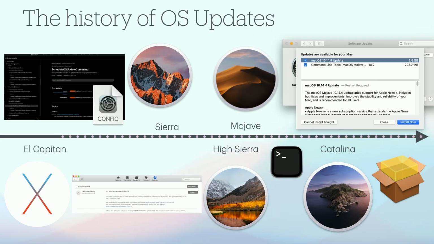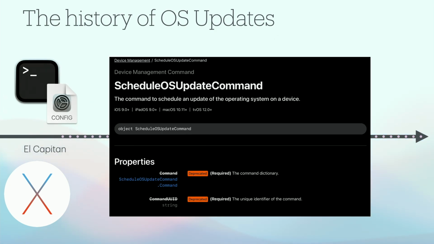You can still use the command line installer, and you can still use the combo update packages. But that MDM is kind of the first time that you were given a new, more modern way of doing that. Thing of note, that also covered iOS 9, iPadOS 9, which is the same thing at that point, and tvOS 12 and up, you could do that.